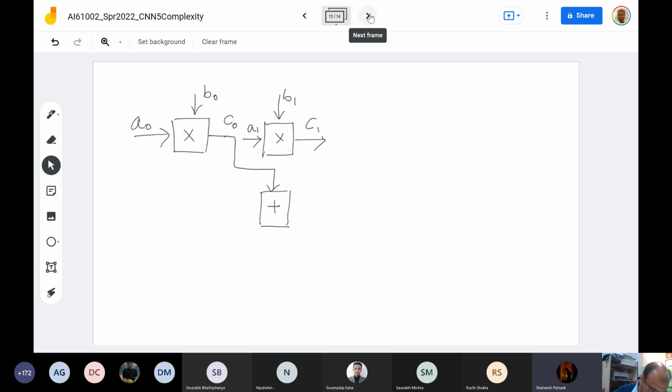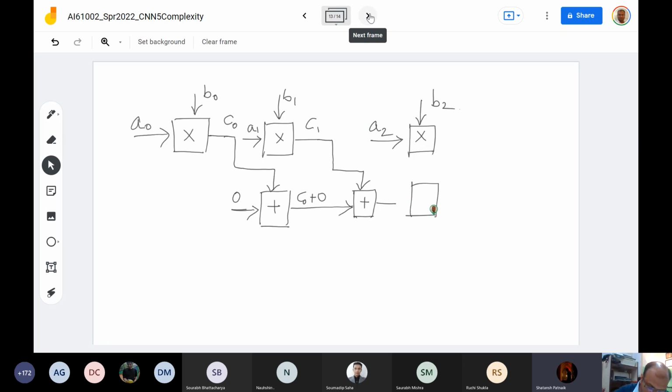And to this adder, I give an input which is 0. Now here comes this output C1. I take this C1 and put it over here. And this output, which is C0, so this is C0 plus 0, goes over here and then comes another output. And here I have my next multiplier being put. This does A2, B2, and here I have another adder.